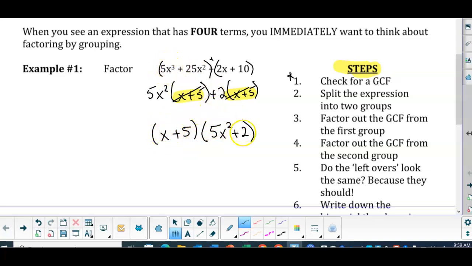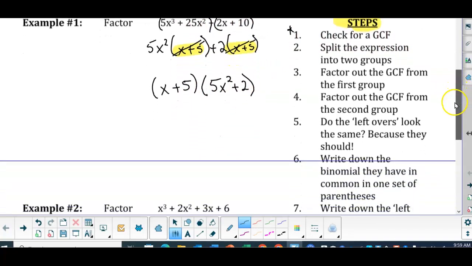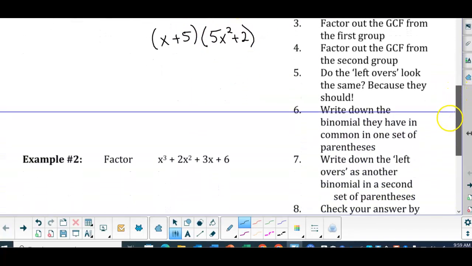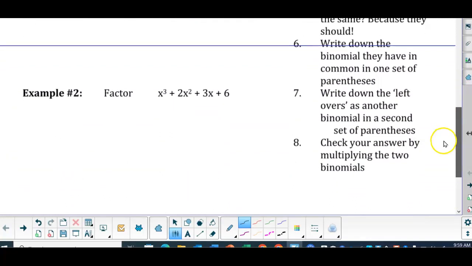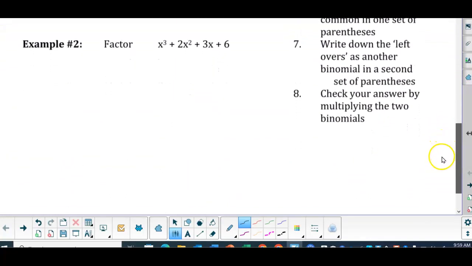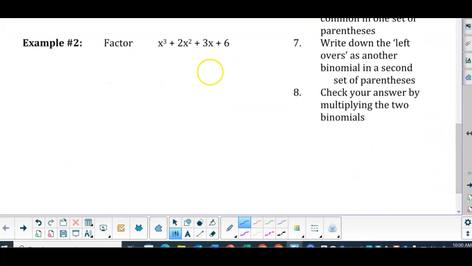And then x times 2 is 2x, so that's going to be 2x, which is right there, and then 5 times 5 is 25x squared, that's there, and then 5 times 2, and you get your 10. So you can see, if you multiply those back together, you will get the original.